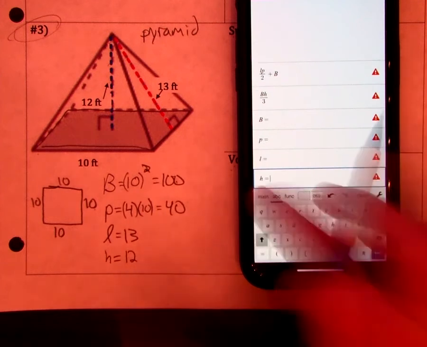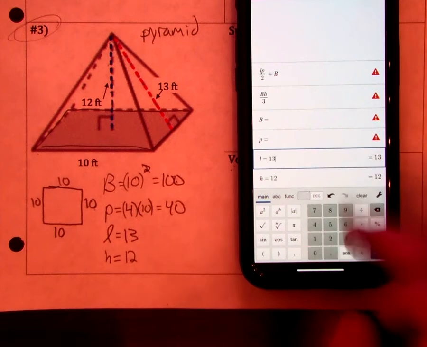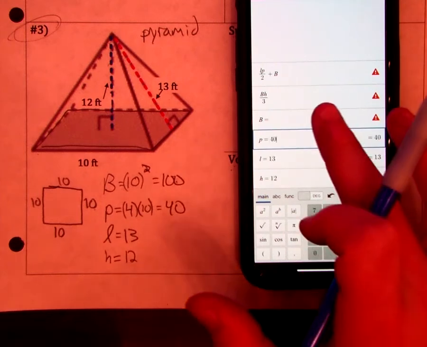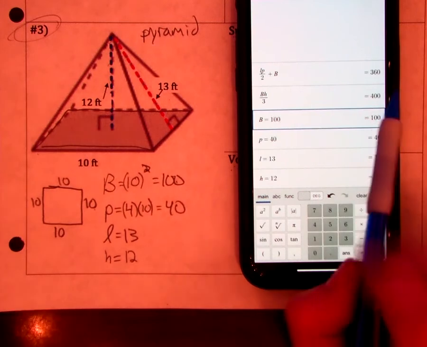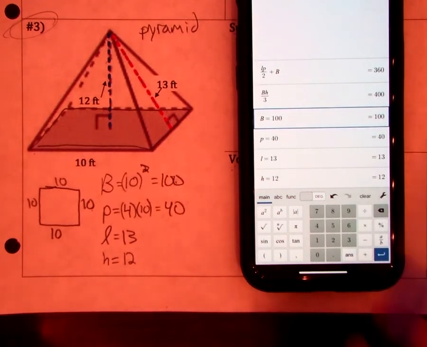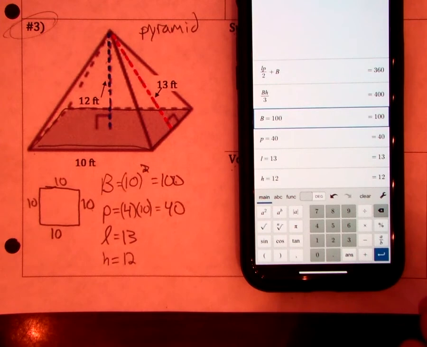We have our values: 12, 13, the perimeter of the base is 40, and the area of the base is 100. Notice how this works. It calculates it for you, it slices, it dices. You will have this for your entirety of the math SOL. Be able to use it to the best of your ability.